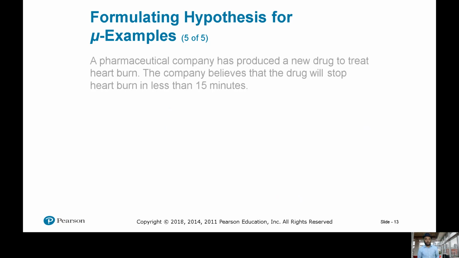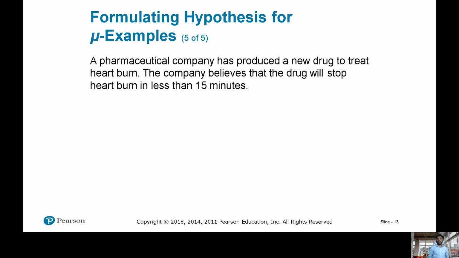Let's look at one more example. A pharmaceutical company has produced a new drug to treat heartburn. The company believes that the drug will stop heartburn in less than 15 minutes. So the company claims that the population mean is going to be less than 15. That's the claim.